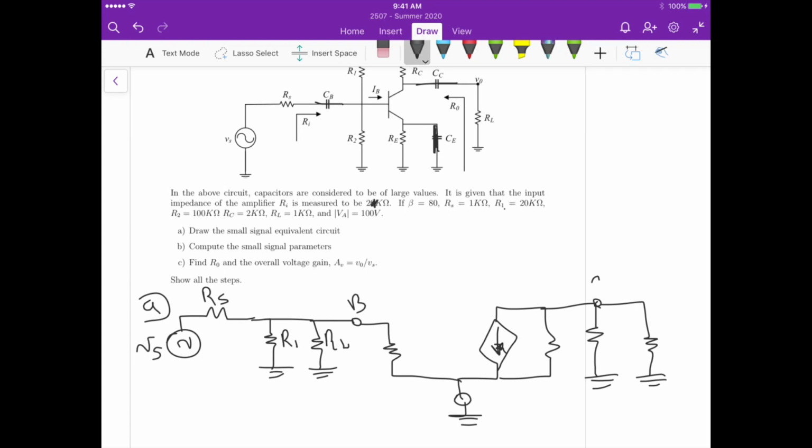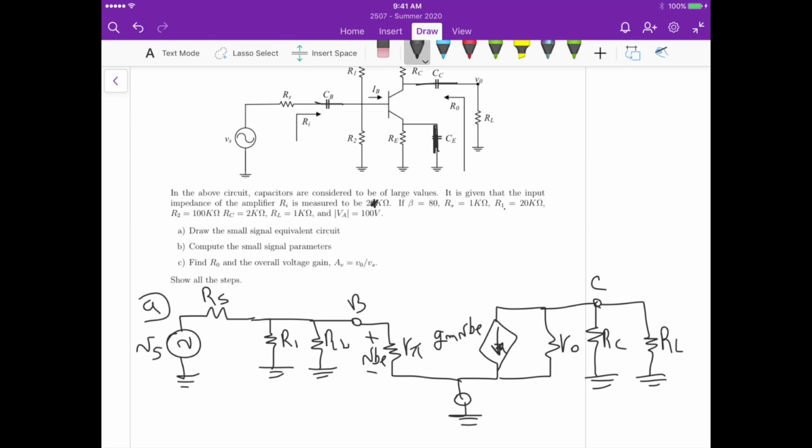This is basically our collector. This is our out, RC, RL. And then here we have gm times VBE. VBE is this one here. Sometimes we refer to this as the input voltage. And then here we have our pi.